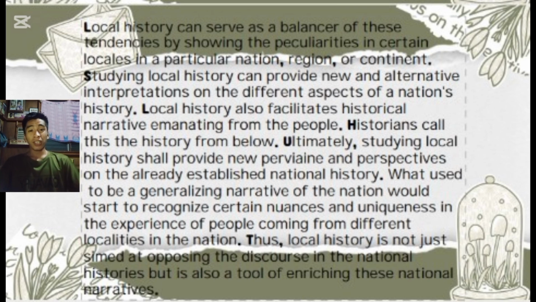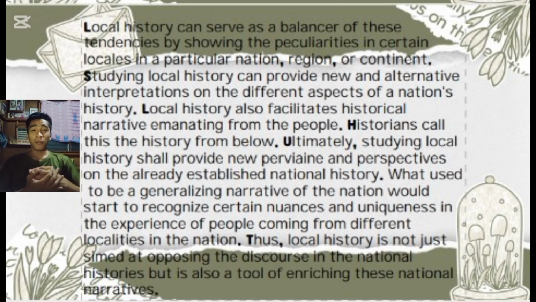Thus, local history is not just about opposing the discourse in national histories, but it is also a tool of enriching this national narrative. So, the explanation of this emphasizes that local history can challenge and enhance our understanding of national histories by showcasing the diverse experiences of communities, making history more inclusive.